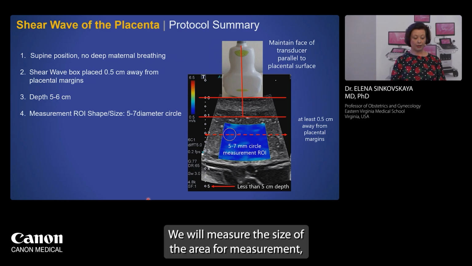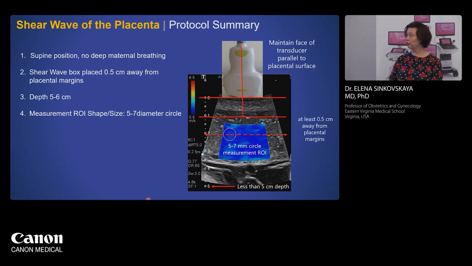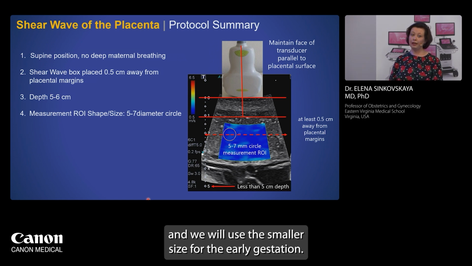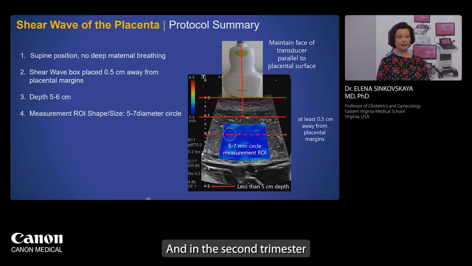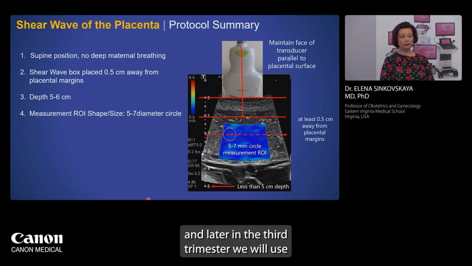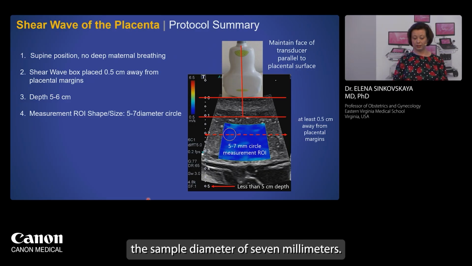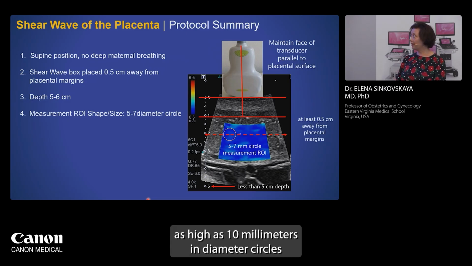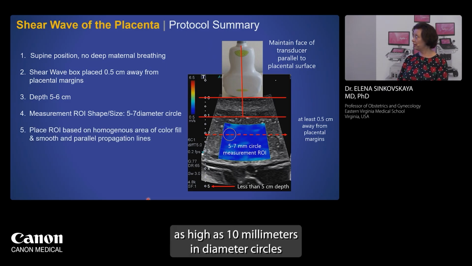The size of the area for measurement will be about 5 to 7 millimeters in diameter. We will use the smaller size for early gestation, and in the second trimester and later in the third trimester we will use the sample diameter of 7 millimeters, and in some circumstances we can go as high as 10 millimeters in diameter.